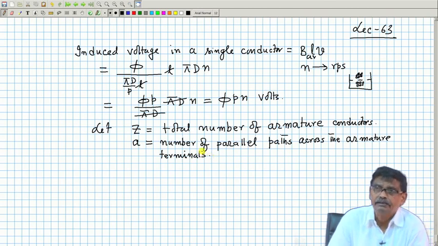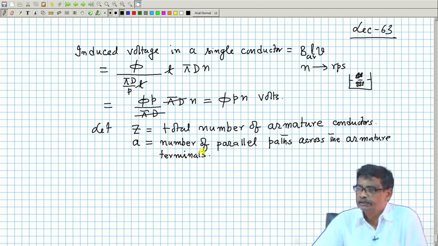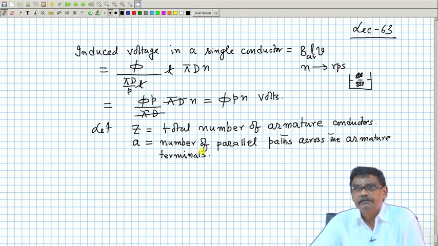Because we have seen, at least in case of lap winding, between the brushes it is divided into as many parallel paths between plus and minus brushes as the number of poles.